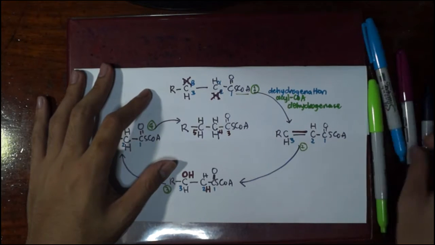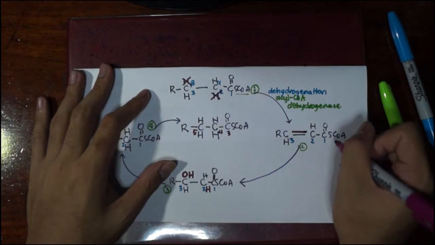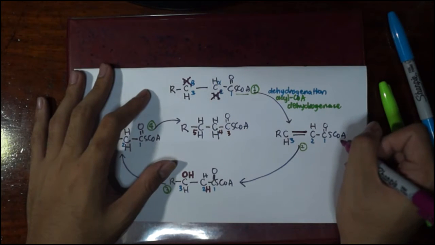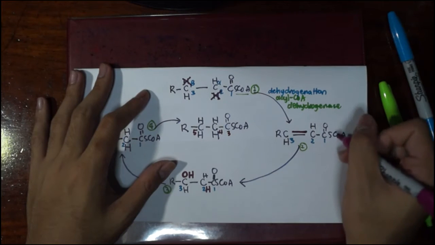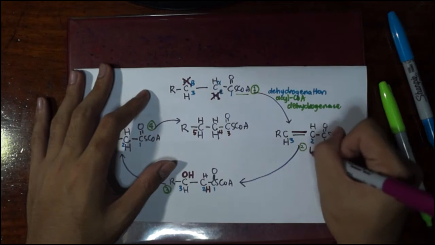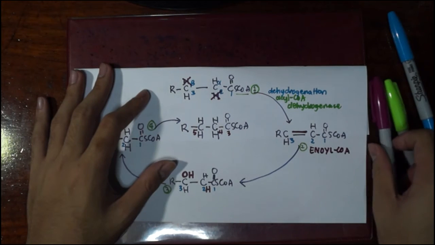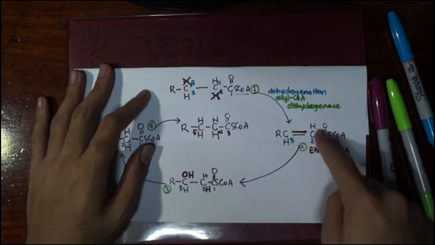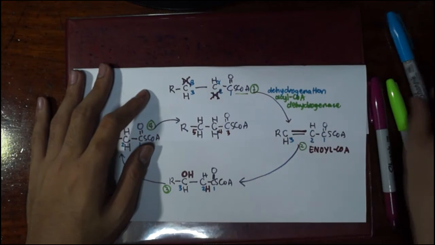Now when you do that, you result with an alkene, but it's also an acid derivative bonded to coenzyme A. This is termed an enoyl coenzyme A. Now in step number 2, you remove the double bond and you add water.